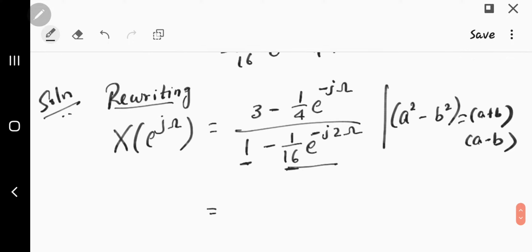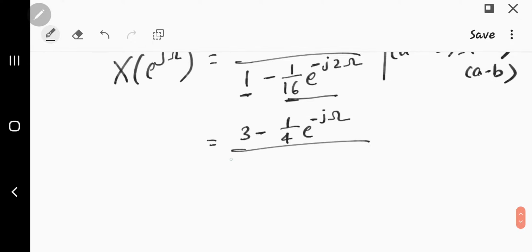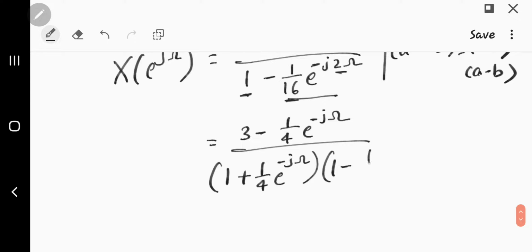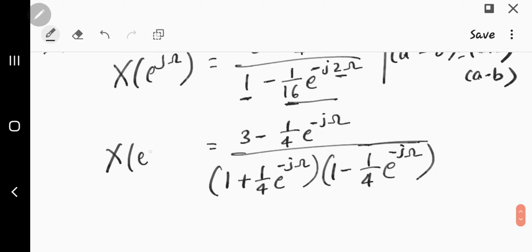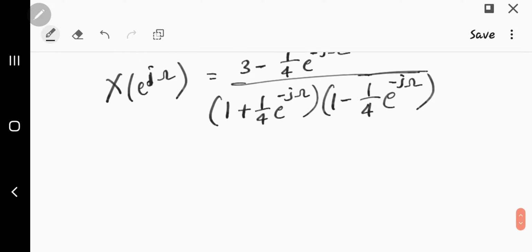Based on that, you can write the denominator in this form: 3 minus 1 by 4 e power minus j omega divided by, a square means 1 square, so first a plus b, 1 plus 1 by 4 e power minus j omega, because we have j2 omega here, so the square root has been taken, and a minus b is 1 minus 1 by 4 e power minus j omega. So you have to apply partial fraction expansion, means you have to express the denominator in this form, it will be easier.